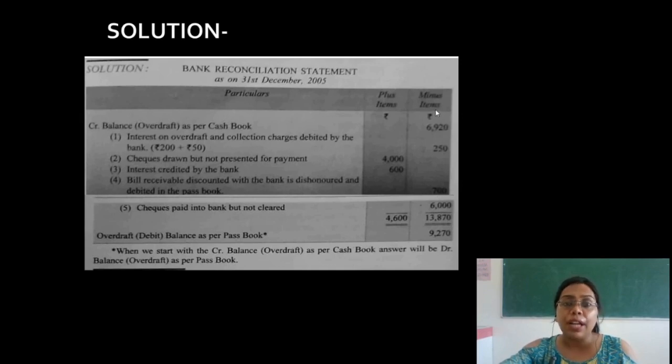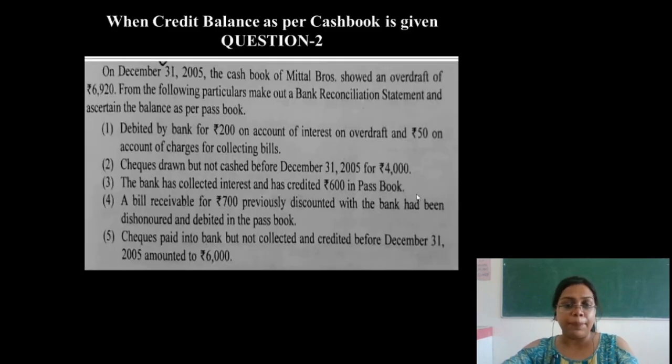So we will minus this 700 rupees from our cash book as well. We would have increased our bank column of the cash book previously, but now we are not receiving this amount due to dishonor of the bill. So now we will deduct this amount from our BRS.